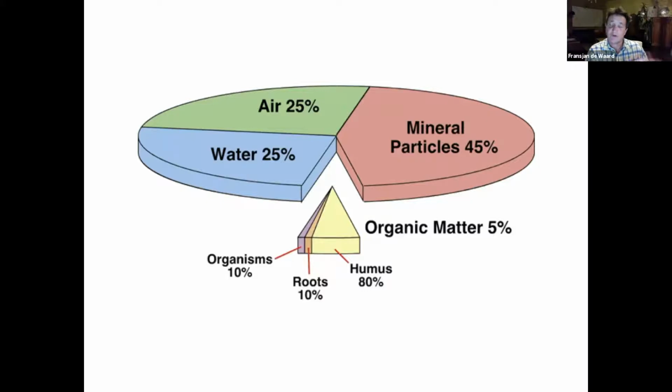That's the multitude of microscopic life. We talk about roots, which are also, of course, underground, still parts of plants or maybe died off, and humus. Humus is easily said, but what is humus?